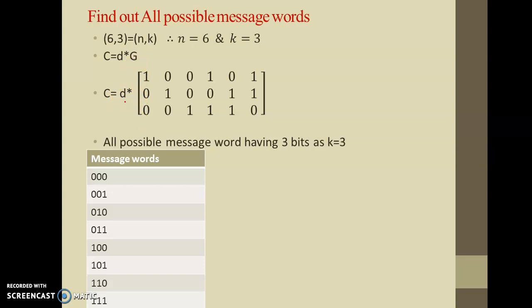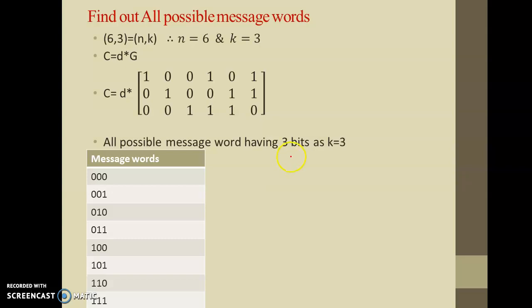Now the problem statement is asking for all possible code words. So we need to first find all possible message words. What we know about the message word is that k is equal to 3, so message bits is equal to 3. We need to find all words having 3 bits.